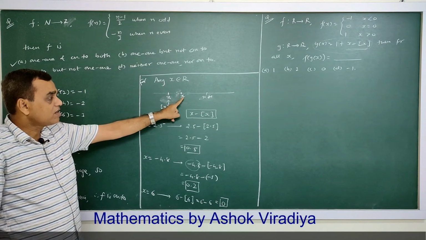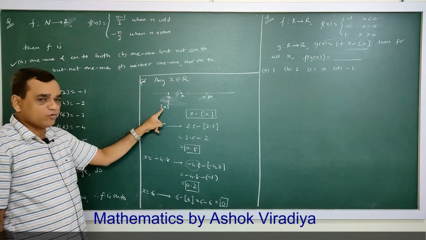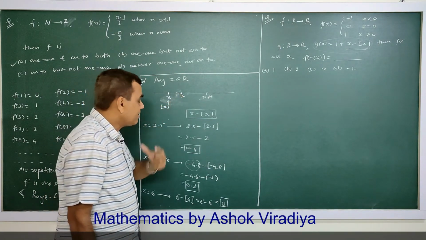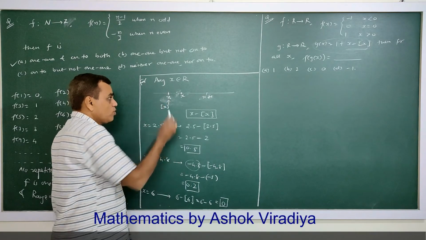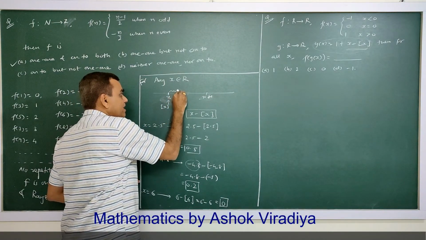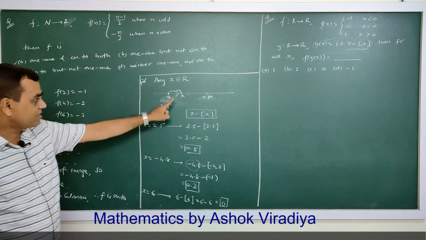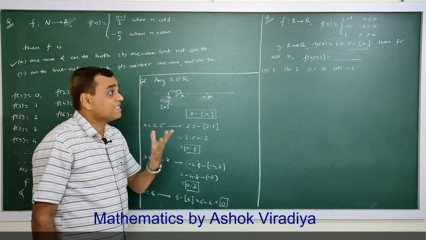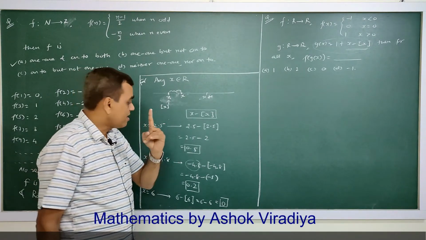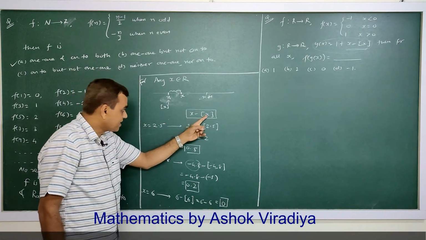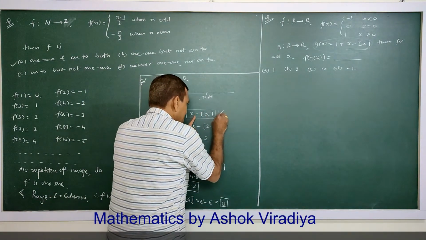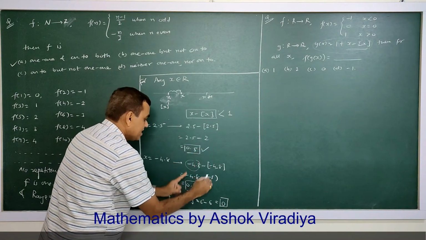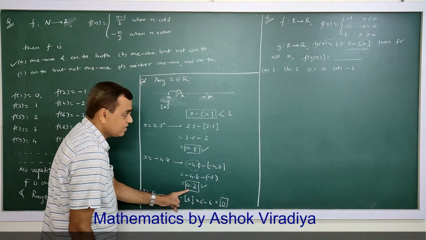So x is always greater than or equal to its box value, and their difference, this length, is x minus [x]. So it will always be less than 1. You can see 0.5 is less than 1, 0.2 is less than 1.